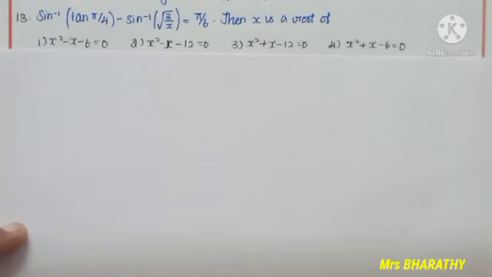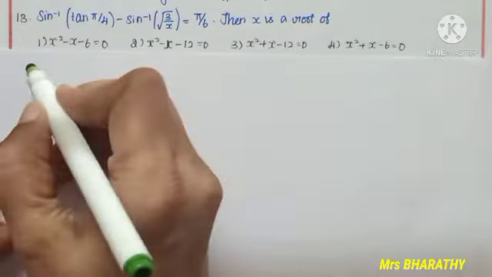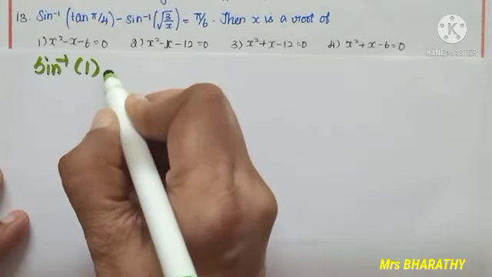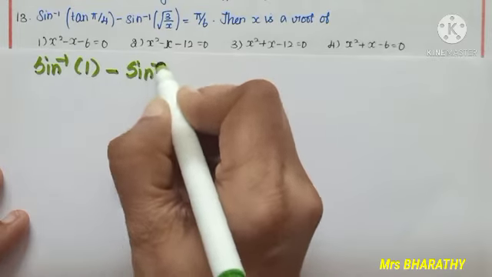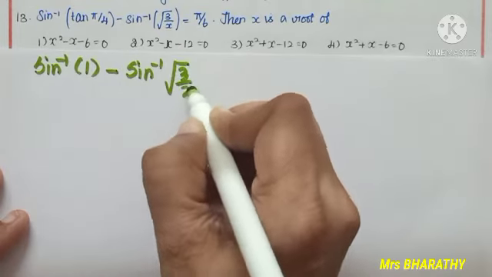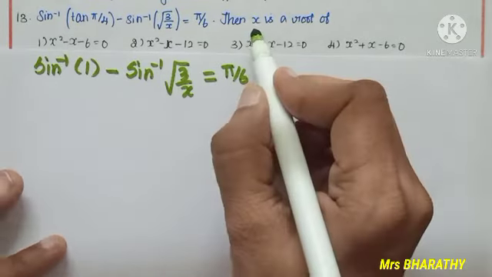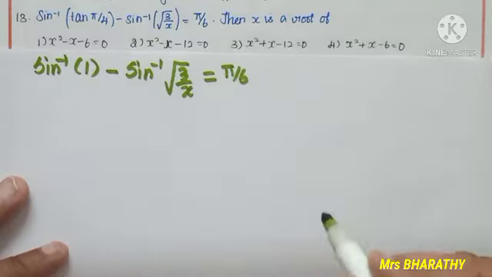Question number 13. Sine inverse tan pi by 4, tan pi by 4 value 1, minus sine inverse root of 3 by x equals pi by 6. We need to find x, the root of which equation?